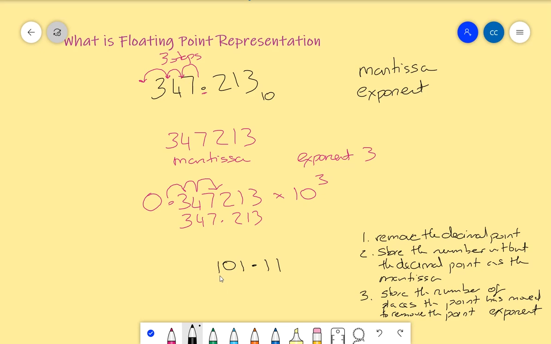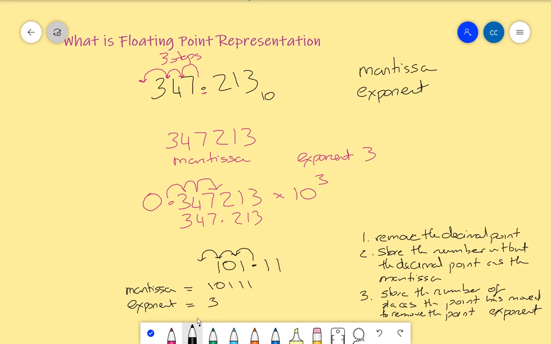So let's look at this number, 101.11. We know that we need to move this number 3 places. So the mantissa of this number becomes 10111, and the exponent becomes 3.